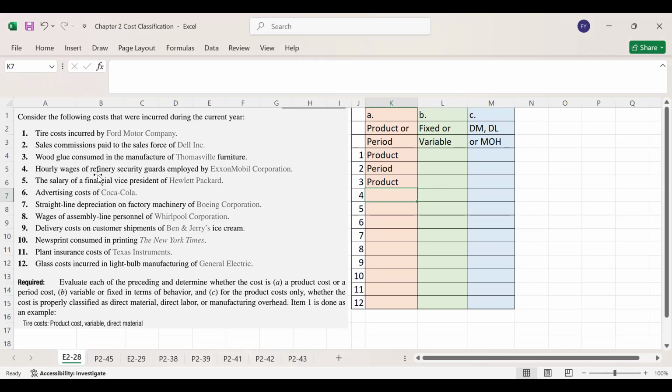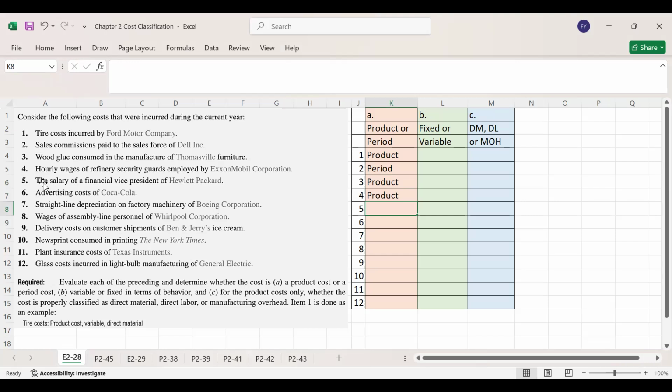Second, these are the refinery security guards, meaning these are the security guards of a factory. So these wages are, you can say, part of the product, or you can say it is part of factory expenses. All factory expenses are product cost. So this is product cost.